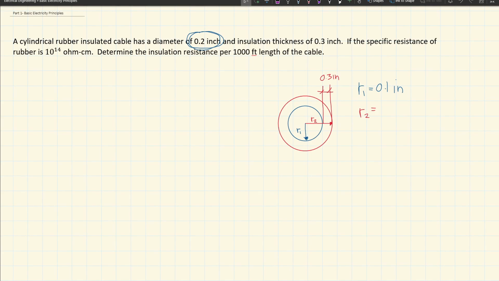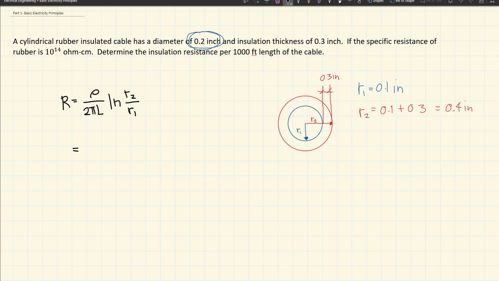So to get the R2, 0.1 plus 0.3, which is 0.4 inch. Our formula for the insulation resistance is R is equal to rho over 2 pi L times ln of R2 over R1.